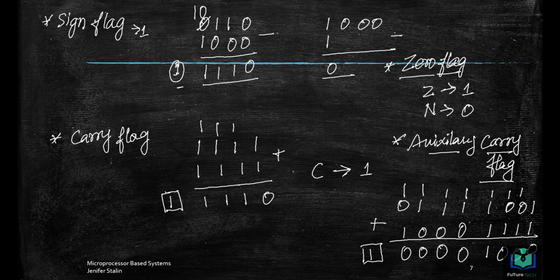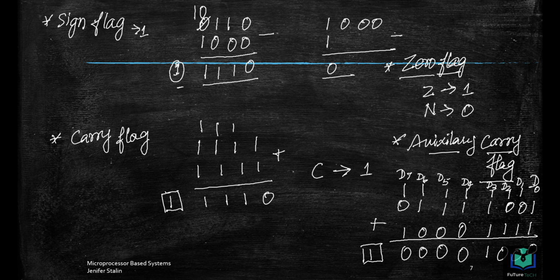So I have dealt with an 8-bit number. The data bits are represented from LSB to MSB, starting from D0 to D7, right? So if there is a carry from D3, if I say this is D0, then this will be D1, D2, D3, and this will be D4, D5 and D6, right?